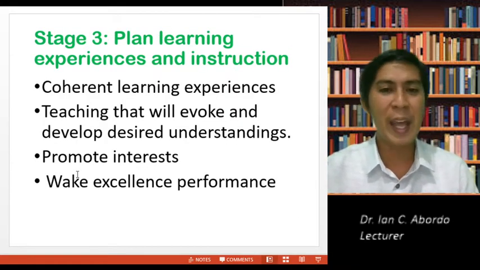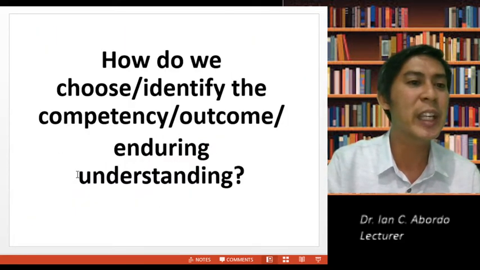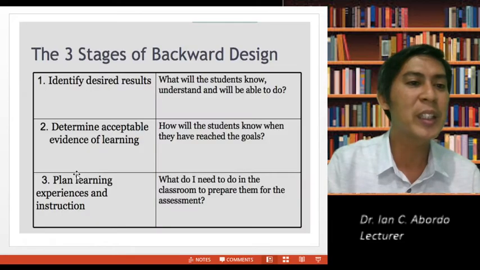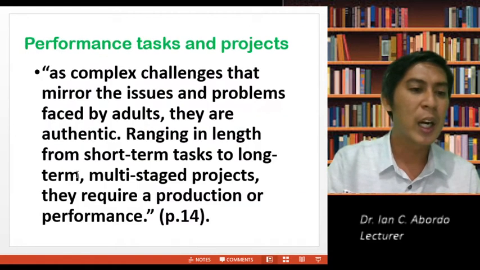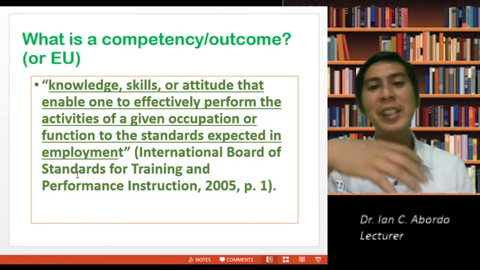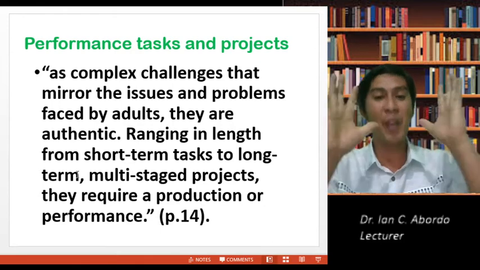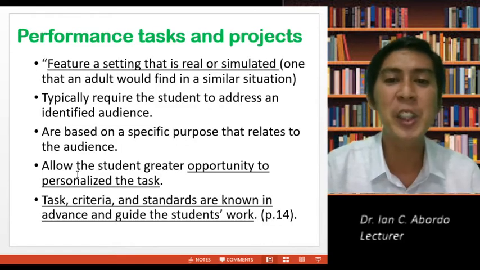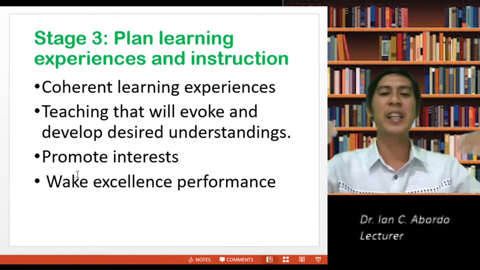Okay? Then you plan learning experiences. That's stage 3, no? Stage 2, we said, what is stage 2? Stage 1, desired results. And then we go to performance standards. What is the outcome and what is the desired evidence? We have the performance task. And stage 3, we start the planning, okay? And the experiences and the instruction.